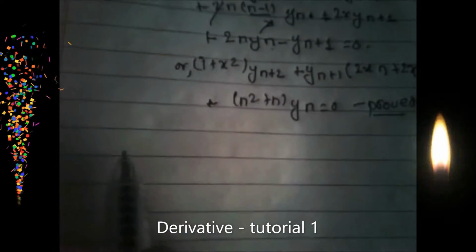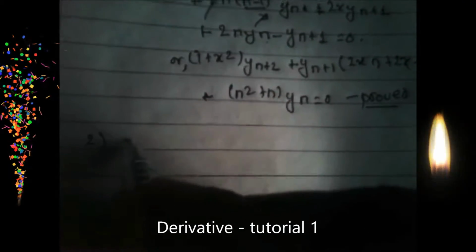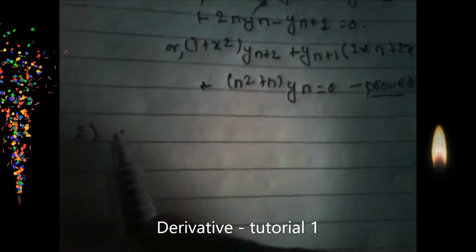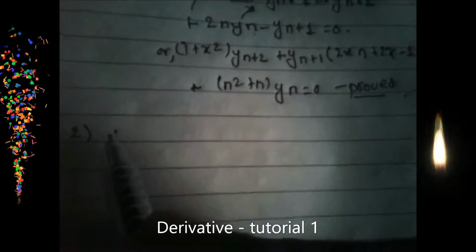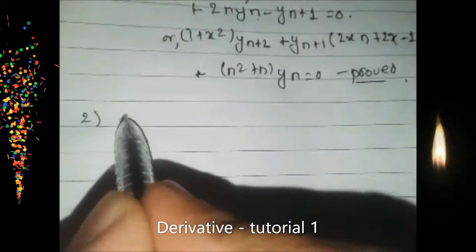The second question asked is: state Rolle's theorem. First we write the statement of Rolle's theorem.